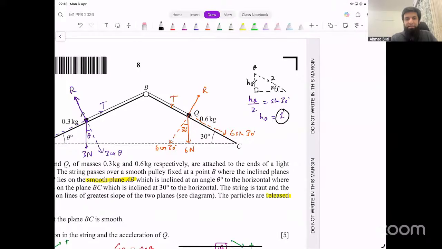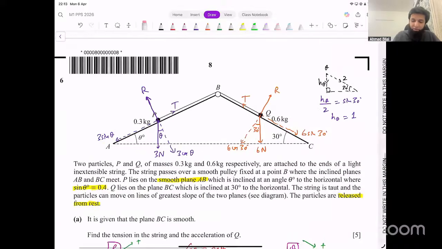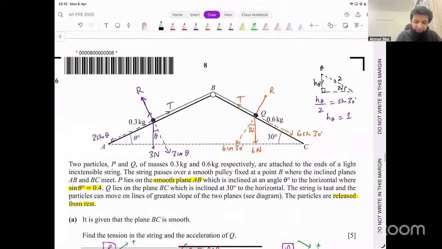And remember, it's decreasing. The height of Q is decreasing like this. The same thing happens with P as well. P is moving up the plane on the left side. So we can say it goes like this. Now, if Q is moving 2 meters down the plane, P would be moving 2 meters up the plane because they're connected.